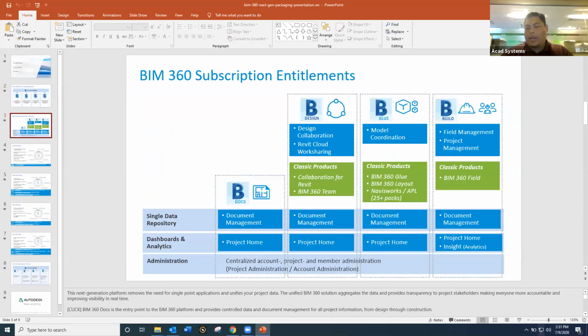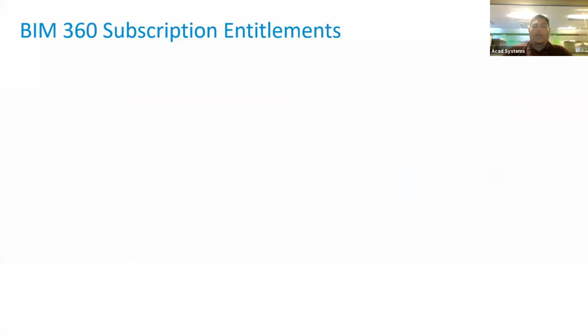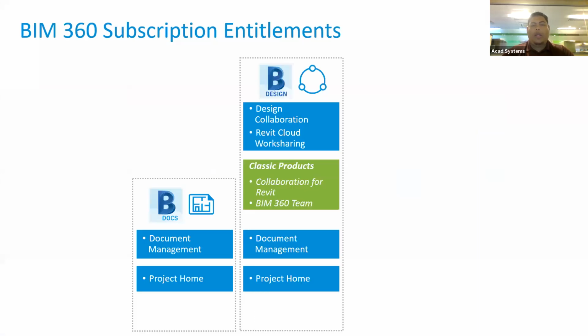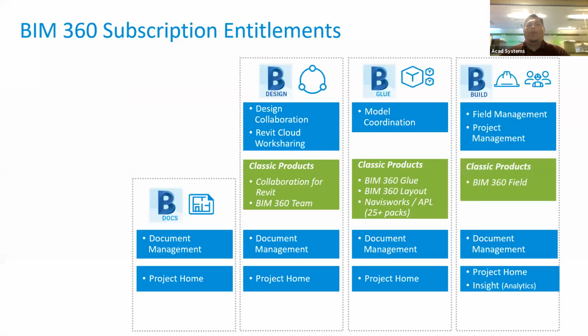It comes with 4 different packages provided by Autodesk for the Southeast region. It started with docs, BIM360 docs, and then another package, BIM360 design, BIM360 glue, or now we call it BIM360 coordinate.